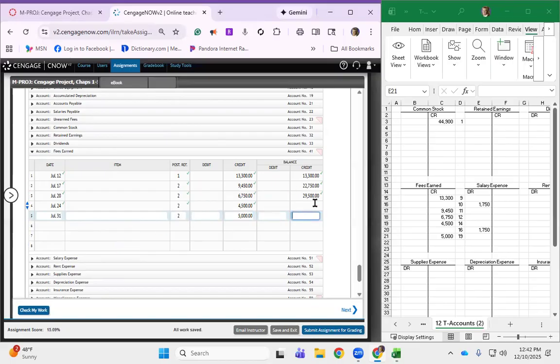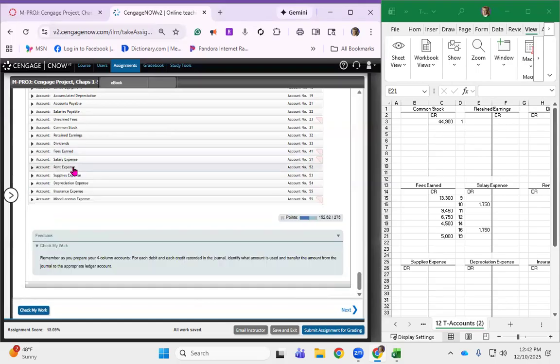I forgot to do the balance from the last time, so let me fix it. 29,500 plus 4,500, okay, that is $34,000. Now I'm going to add 3,000 to that number. So it's 37,000.